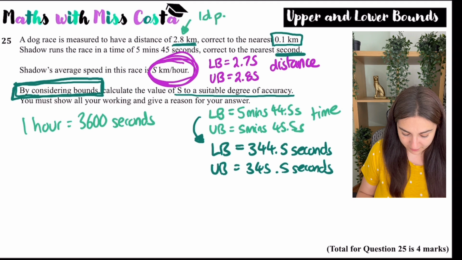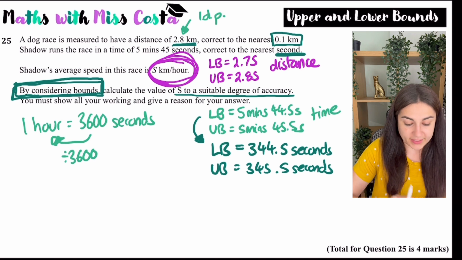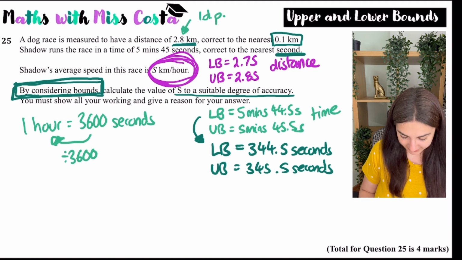So therefore, to get from seconds to hours, you divide by 3,600. So 344.5 divided by 3,600 equals, oh, this is nasty, but it's a calculator paper, so that's fine.